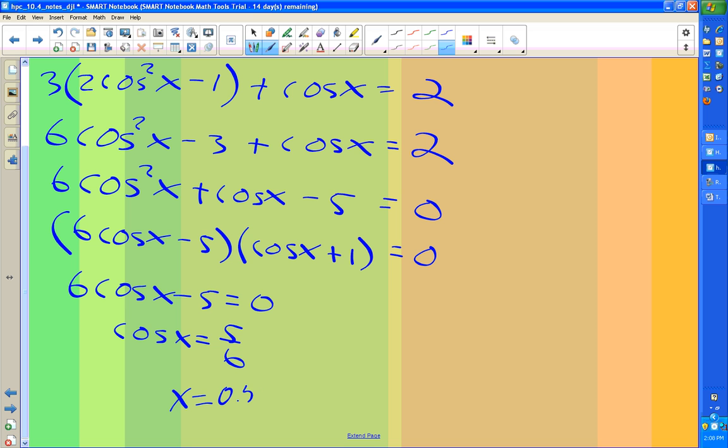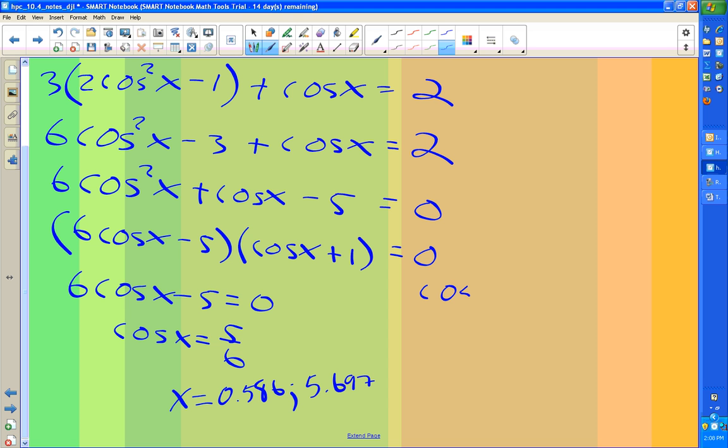So 0.586 and 5.697. Those are the two that will get you cos x equals 5 over 6.